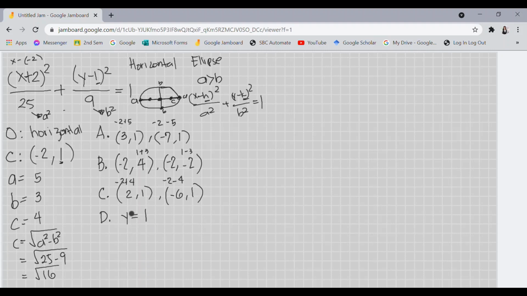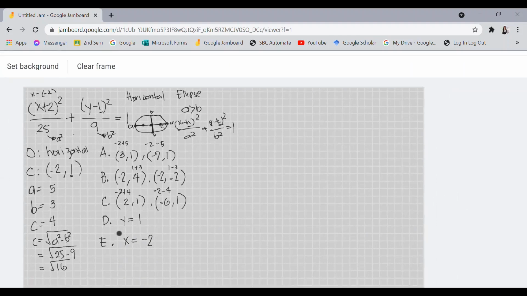Okay? So, you take 1. And then, for your minor axis, ito naman, yung vertical. So, that is x equals, ano yung x-coordinate in your center, which is negative 2. Okay, so, your major axis is y equals 1 and your minor axis is x equals negative 2. So, these are the essential parts of your ellipse.